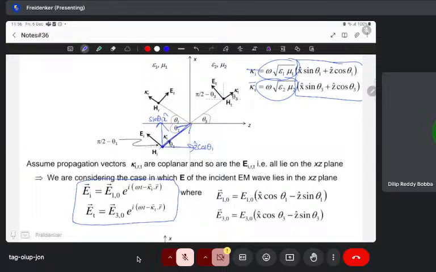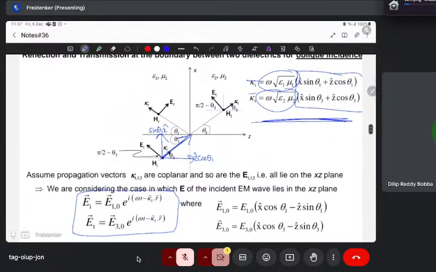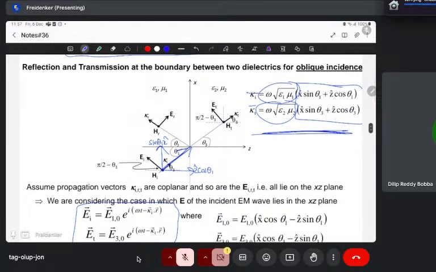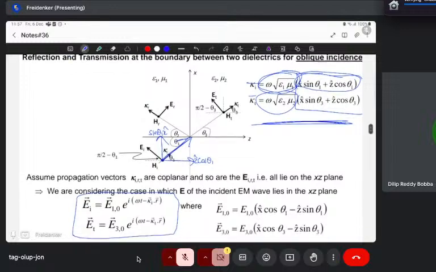You apply vector knowledge, you will get these directions as well. Fine. If you've already written the magnitude, then your direction should be a unit vector. Is this a unit vector? Sine square theta 1 plus cos square theta 1 is 1. So, okay, fine. That is a unit vector. So there's no problem. Absolutely no problem.